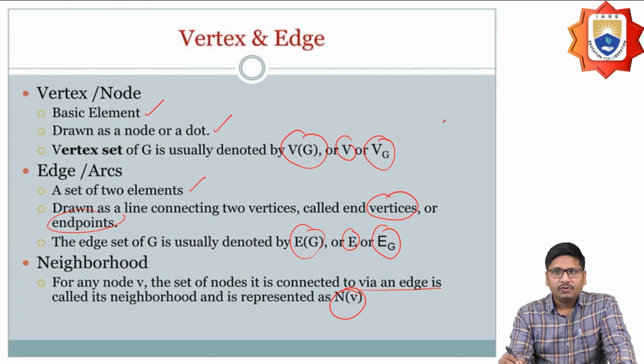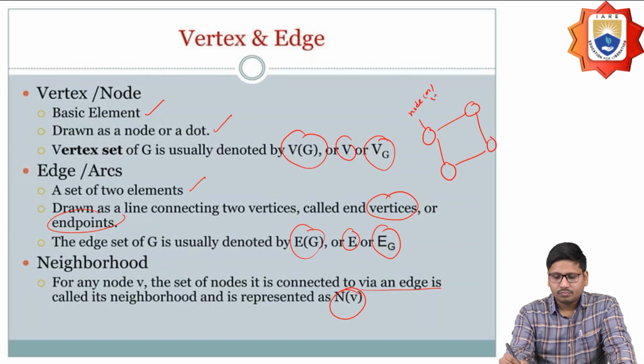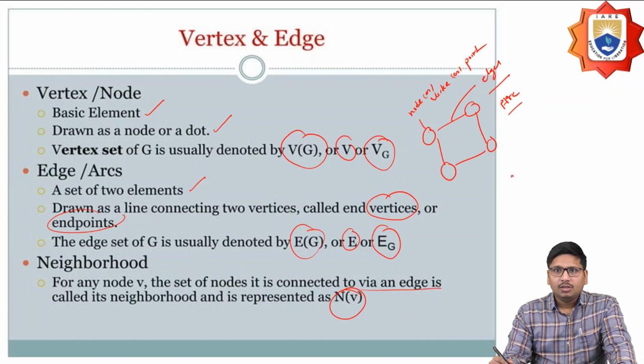So the vertex is the basic element of the graph, and I can represent it in the form of a node or a point. And this is what we call the edge, also called an arc.